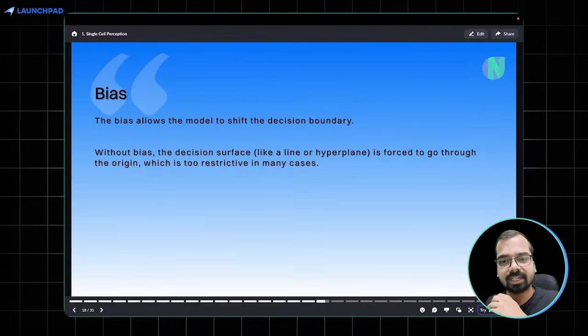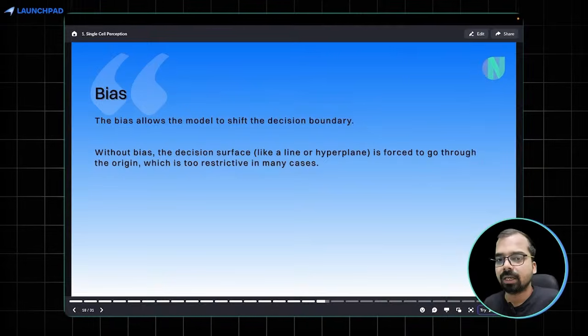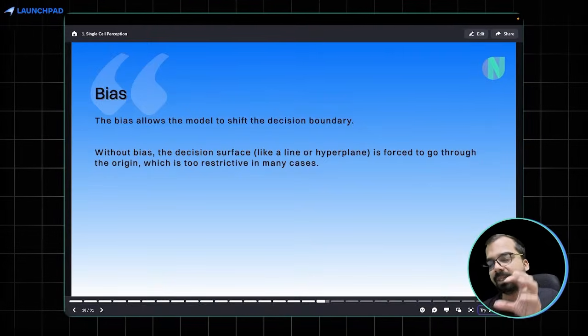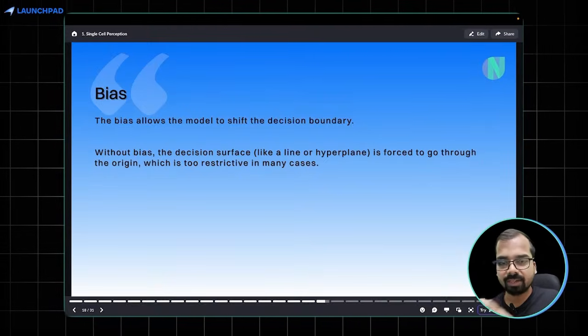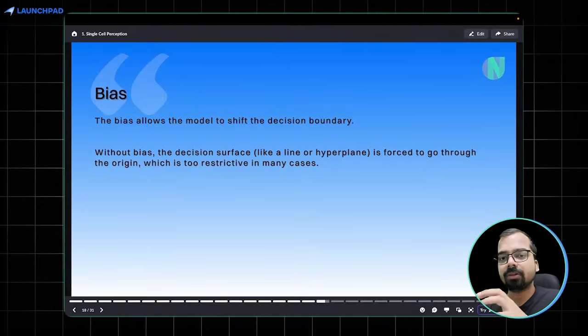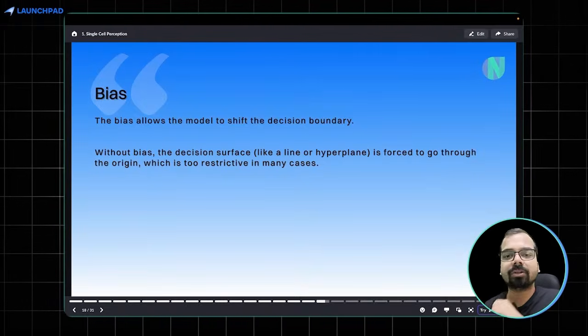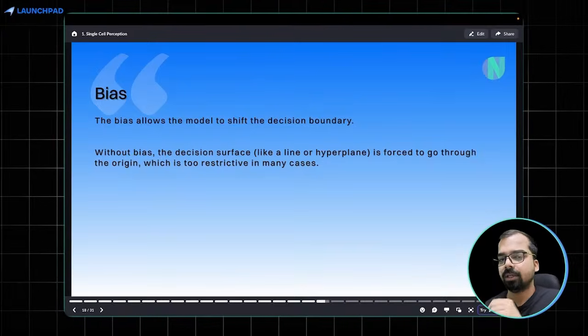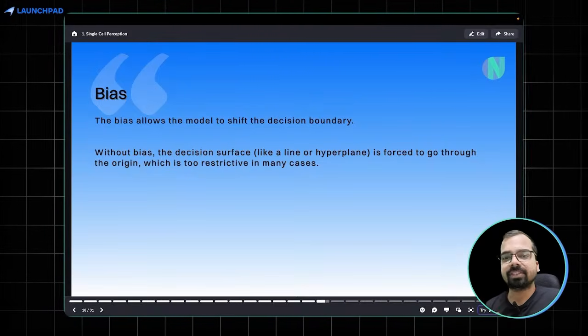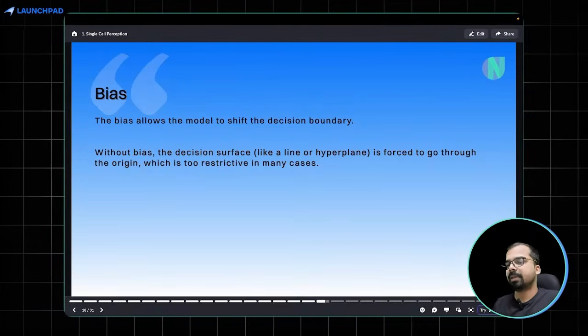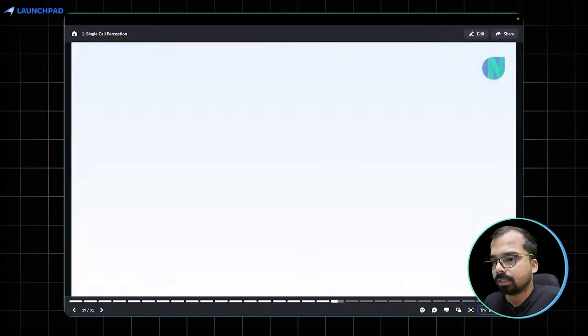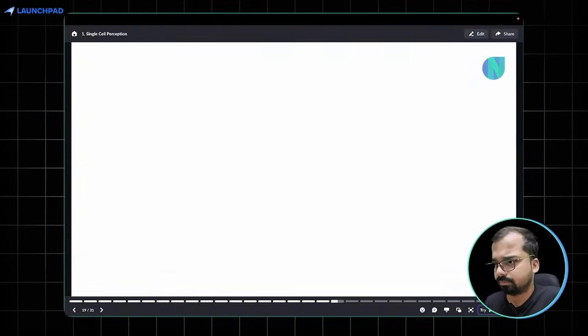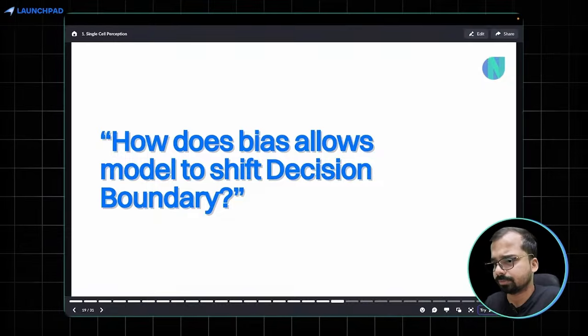The origin will always satisfy these equations, right? Now the problem with that is we are making our decision boundary very restrictive. And in a lot of real world scenarios, this actually does not happen. All right. So that is the reason we have to have this bias term. I'll show you this with a visual example also.